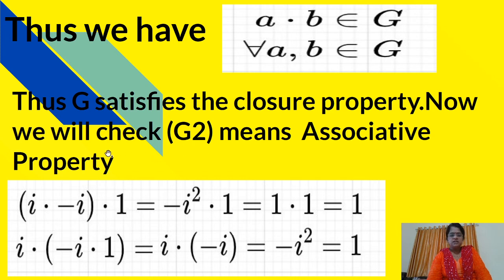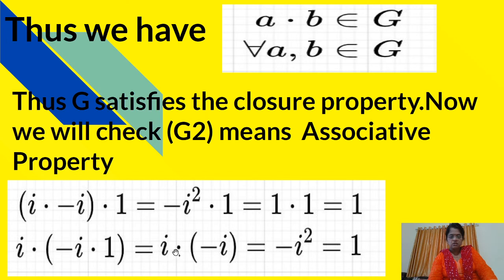Now we will check the second property, that is G2, the associative property. Now we will take a is equal to i, b is equal to minus i and c is equal to 1. Therefore (i into minus i) dot 1 is equal to minus i square dot 1, but we know that i square is minus 1 and therefore minus i square will be 1, and 1 into 1 is equal to 1. Now we will find the value of i dot (minus i into 1).